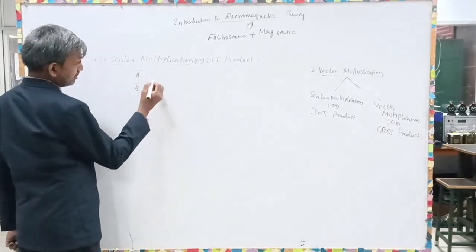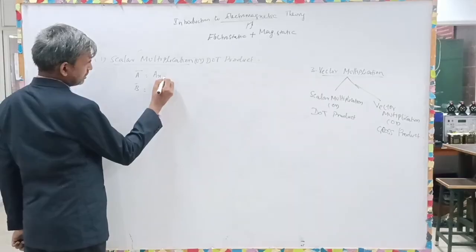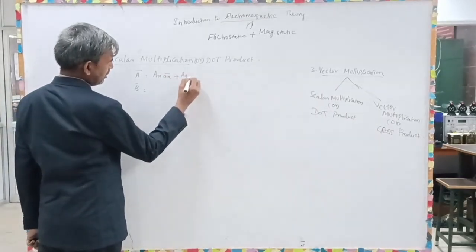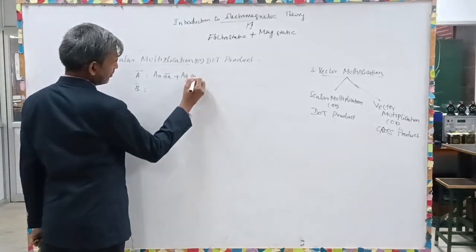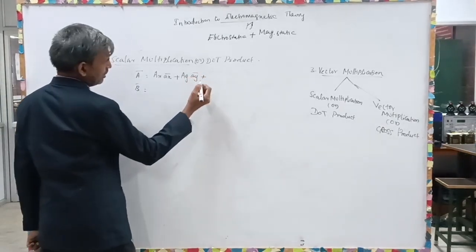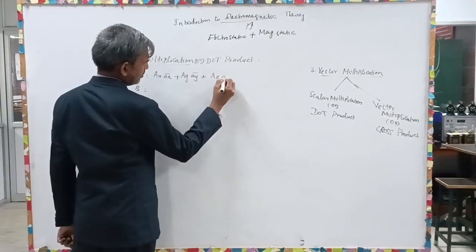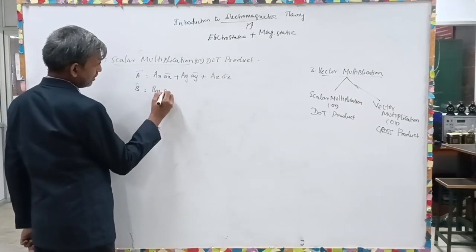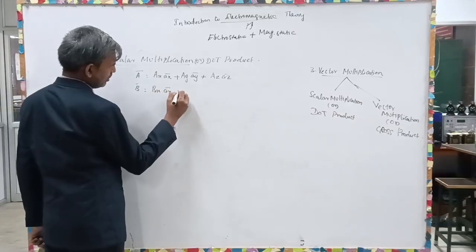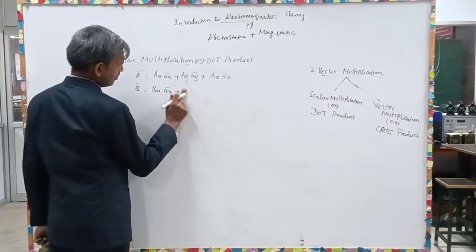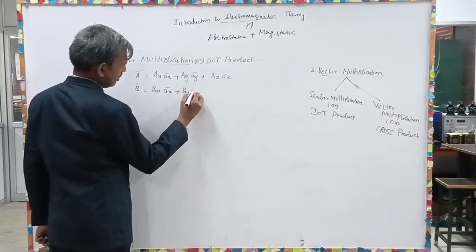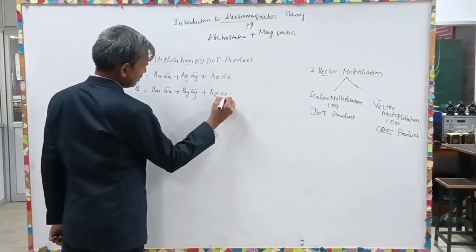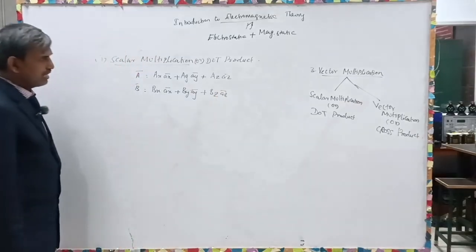So A vector is equal to Ax along the unit vector ax, plus Ay along the unit vector ay, plus Az along the unit vector az. And B vector is Bx along the unit vector ax plus By along the unit vector ay plus Bz along the unit vector az.